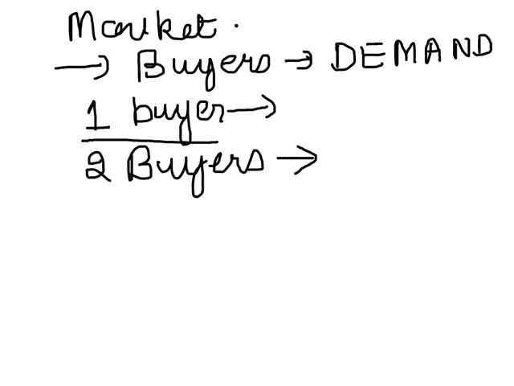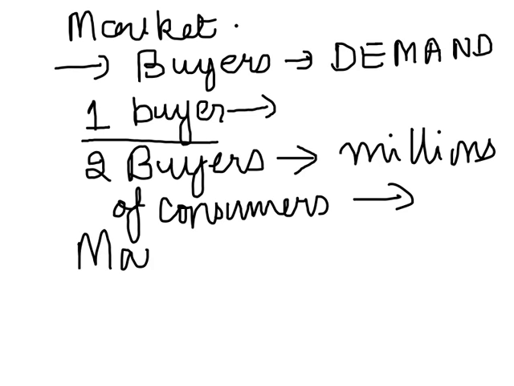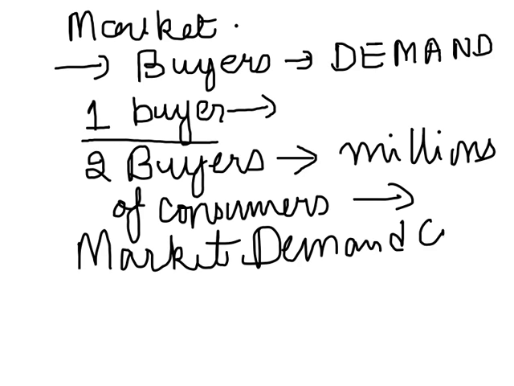We extended this to millions of consumers around the world, and we derived what is called a market demand curve. Market demand curve. And the principle we used is the principle of horizontal aggregation.